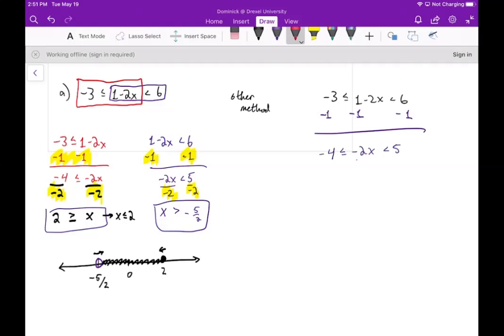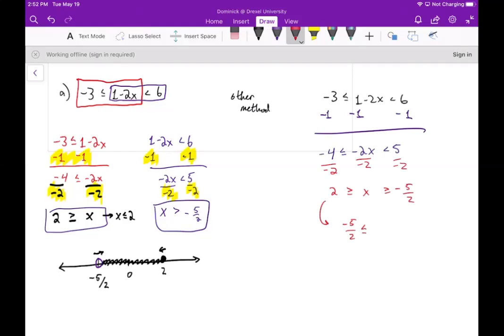And now, when I divide by negative 2, I just have to do it to all three parts. Now, since we divided by negative, these inequality signs do flip. And this is an x, this is a 2, and this is negative 5 over 2. Now, usually we would want to write this so that it goes from least to greatest.